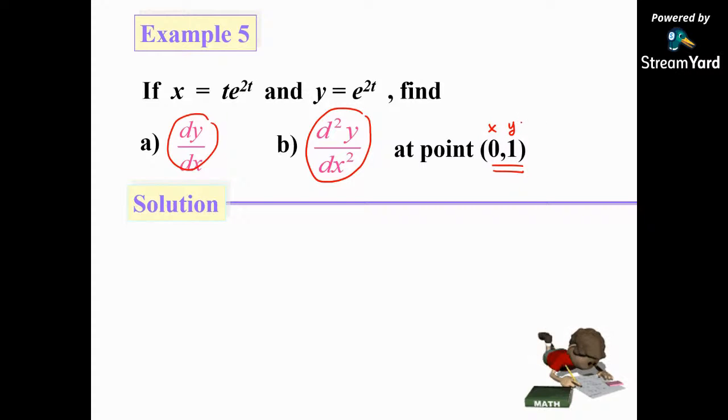So you can easily find out what is the value for t. Once you know the value of t, you can easily calculate what is the value for dy over dx. Okay, so I'll give you around perhaps 10 minutes will do, I think. So 10 minutes, so this is until 4:43. So try them first. And then we're going to check our answer later on.